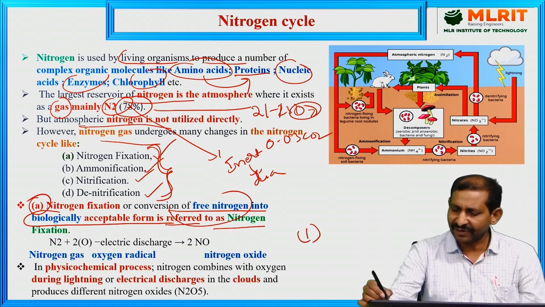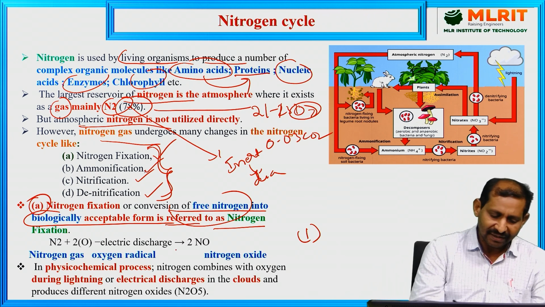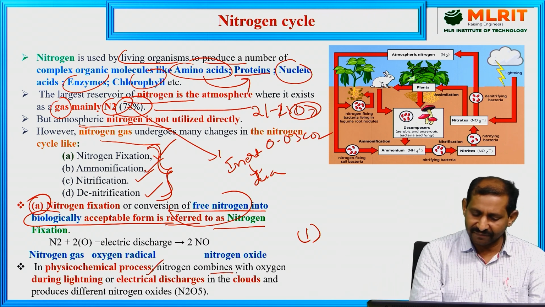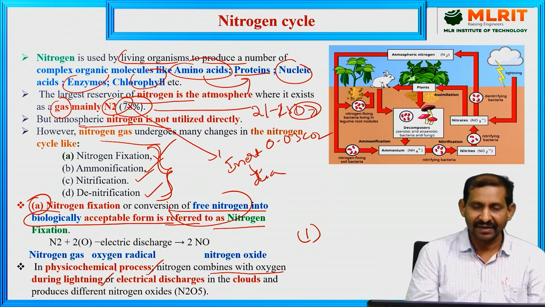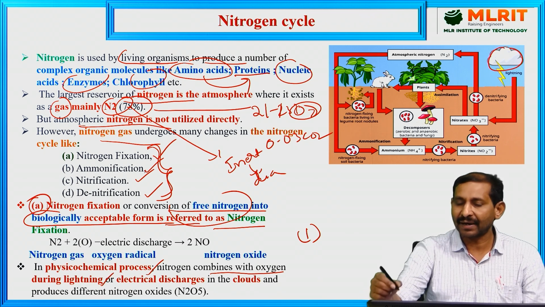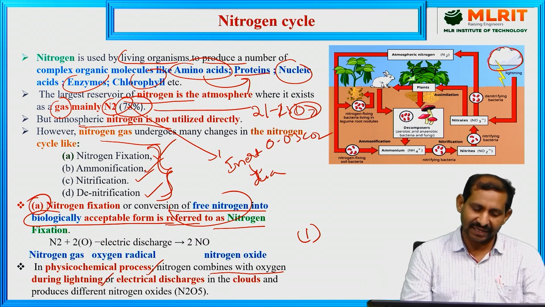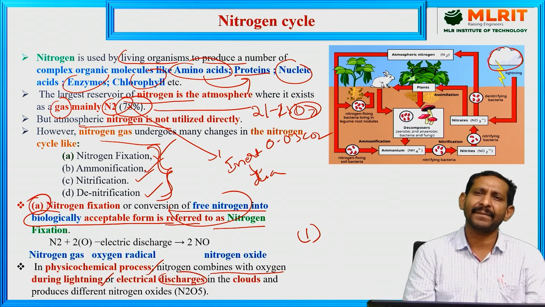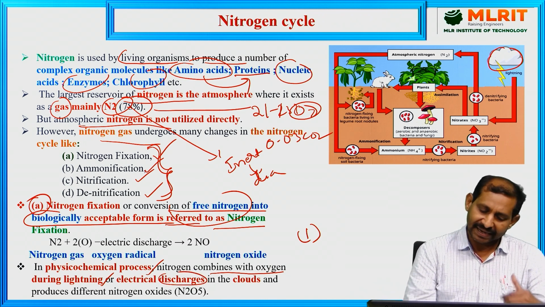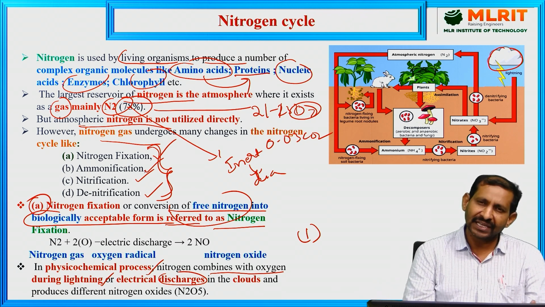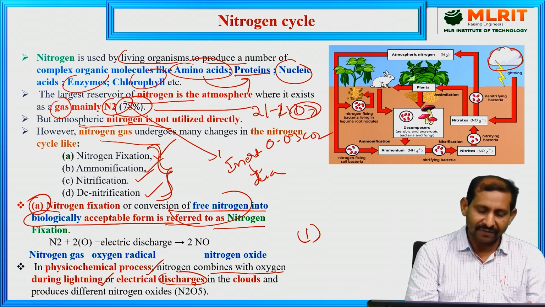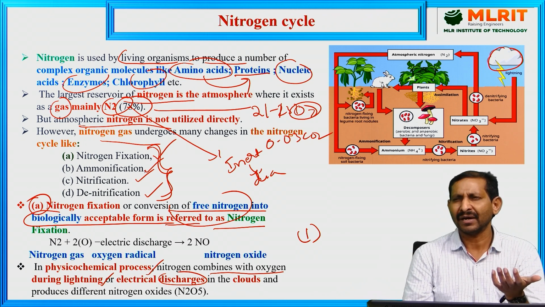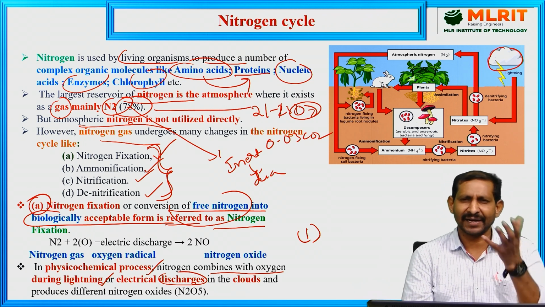The first way is the physicochemical process, in which nitrogen combines with oxygen during lightning of the clouds or electrical discharge. The nitrogen is first converted into different oxides of nitrogen, such as nitrogen dioxide, nitrogen trioxide, and nitrogen pentoxide.